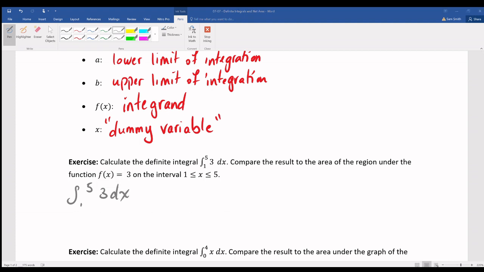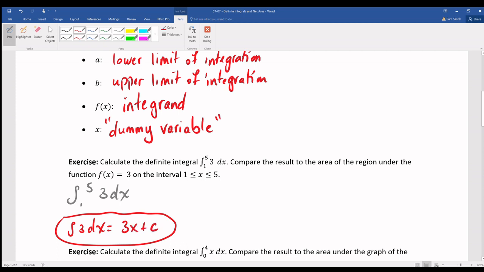So let me just put a little thought bubble here underneath. My favorite antiderivative of 3 is probably 3x. The most general antiderivative would be 3x plus c, but my favorite antiderivative would be 3x.